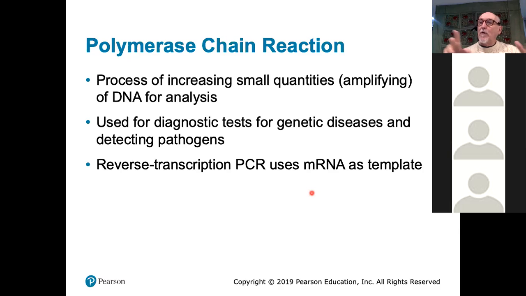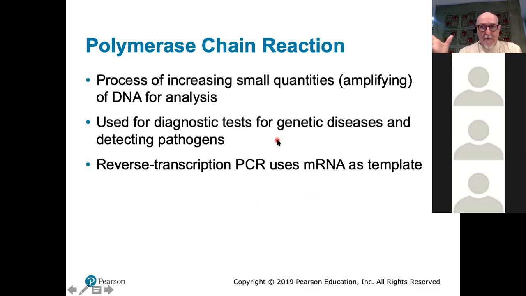We don't have to go through all of that business of cutting it and everything. We can get the PCR reaction to recognize a specific area of DNA that we're interested in, and then just amplify that over and over again until we've got a rich solution of that particular DNA fragment. This kind of amplification can also be used for all sorts of other things as well.